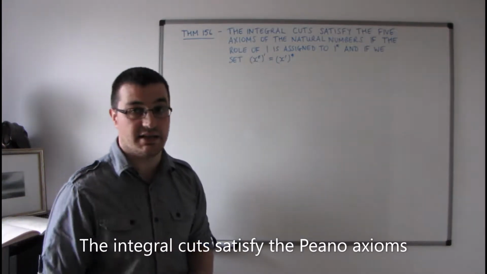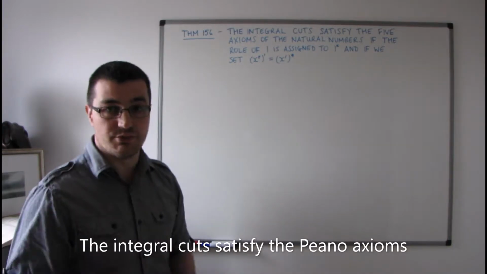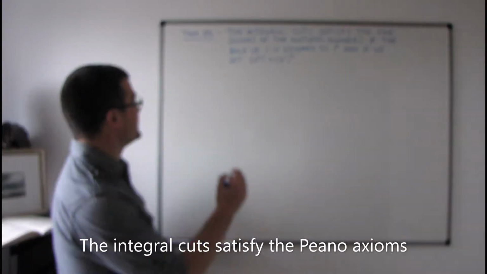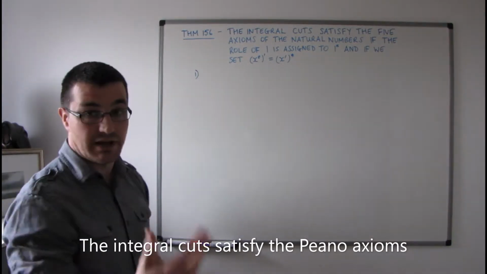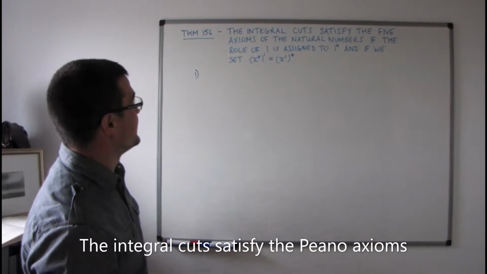This is a fairly straightforward routine thing to do. We just need to go through the individual axioms one by one and show that they're all satisfied.